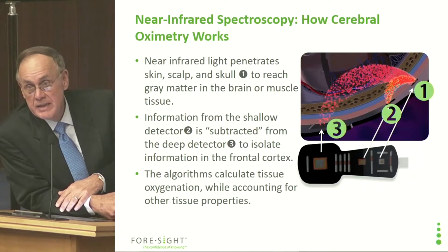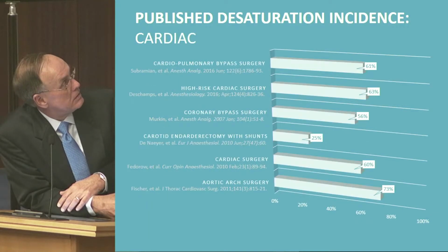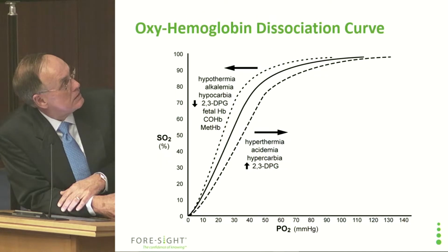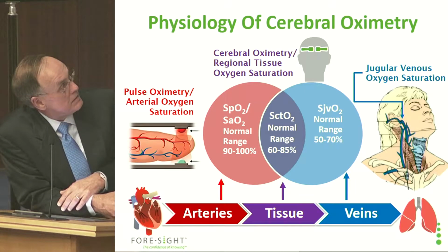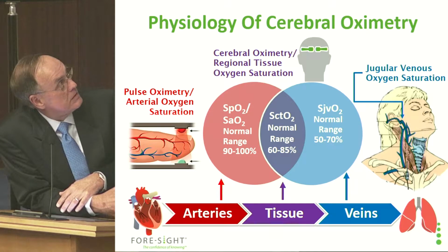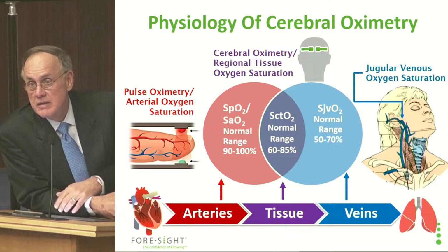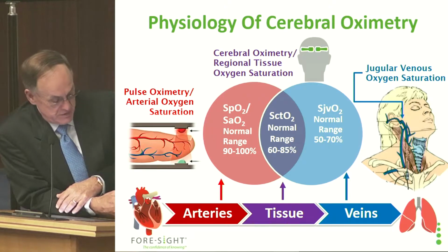However, the jugular catheter approach is highly invasive, and technically very difficult and challenging to do. The ForeSight cerebral oximetry value is continuous and non-invasive. Very easy, very simple to do.